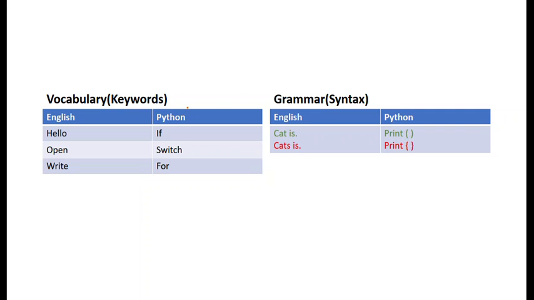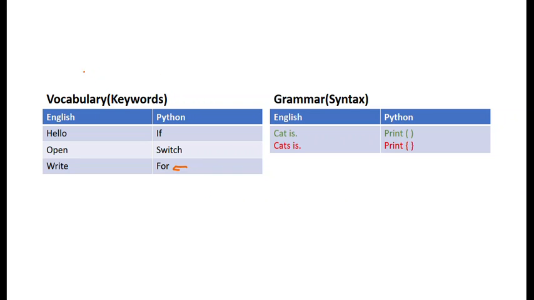Similarly, in Python, we use certain keywords in order to form the different instructions in the language, right? So for example, we have the keyword if, switch, for, continue, break, lambda. All of these are keywords that we can use to write the different instructions.